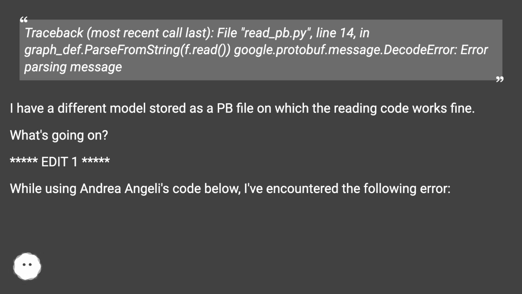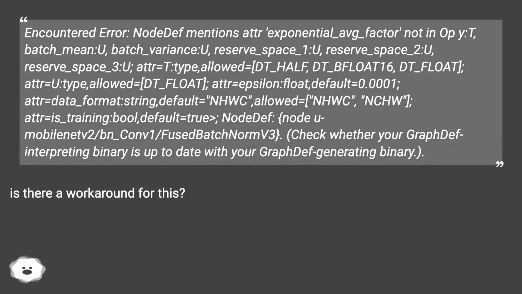Edit 1. While using Andrea Angeli's code below, I've encountered the following error. NodeDef mentions attr 'exponential_average_factor' not in Op: input x:T, scale:U, offset:U, mean:U, variance:U, output y:T, batch_mean:U, batch_variance:U, reserve_space_1:U, reserve_space_2:U, reserve_space_3:U; attr T: type, allowed DT_HALF, DT_BFLOAT16, DT_FLOAT; attr U: type, allowed DT_FLOAT; attr epsilon: float, default 0.001; attr data_format: string, default NHWC, allowed NHWC, NCHW; attr is_training: bool, default true. NodeDef: node MobilenetV2/bn_Conv1/FusedBatchNormV3.